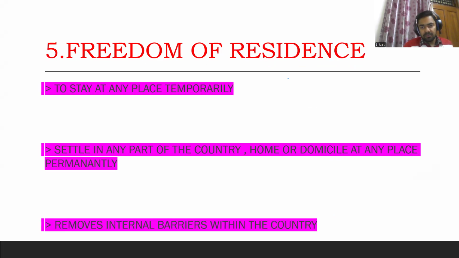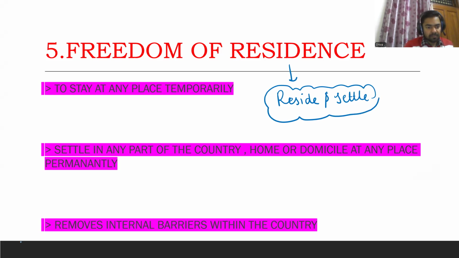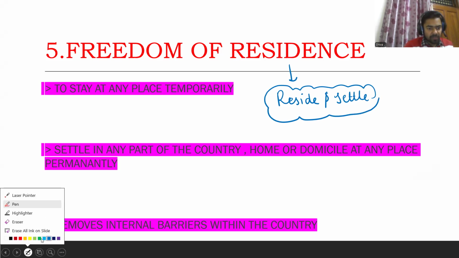Freedom of residence. Freedom of residence talks about the right to freedom to reside and settle. It has got two dimensions basically.